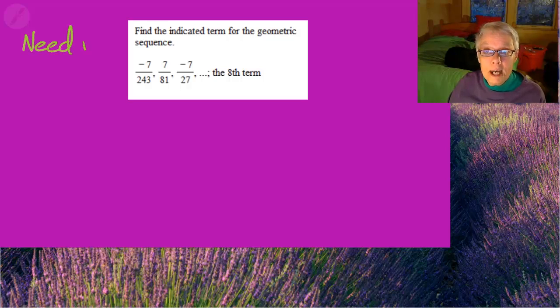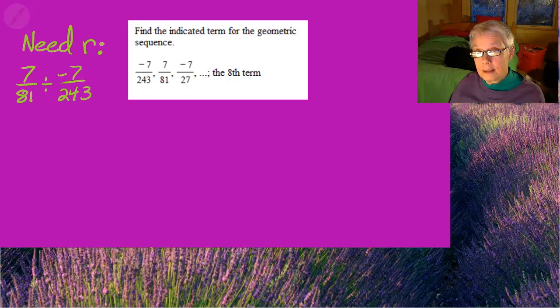Now we're going to find a term again. First, like before, we need to find the common ratio. We can see very clearly what the first term is. We're going to take the second term, 7/81, and divide it by the first term, -7/243.